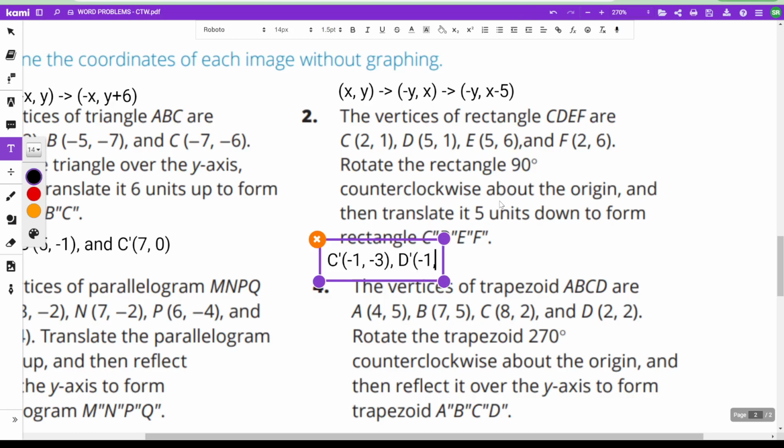We plug in 5 for x, that's 5 minus 5, that's 0. We plug in 6 for y, that's -6. Then we plug in 5 for x, that's 5 minus 5, that's 0. And finally, F prime, we plug in 6 for y, so that's -6. Then we plug in 2 for x, and so that's 2 minus 5, that's -3.